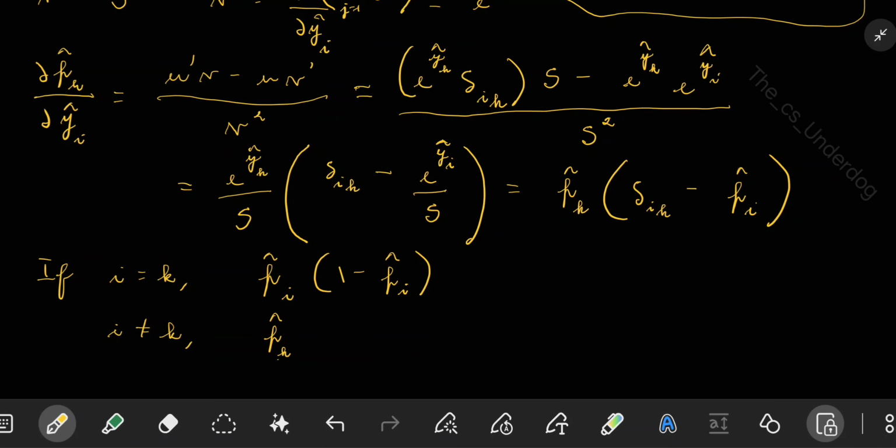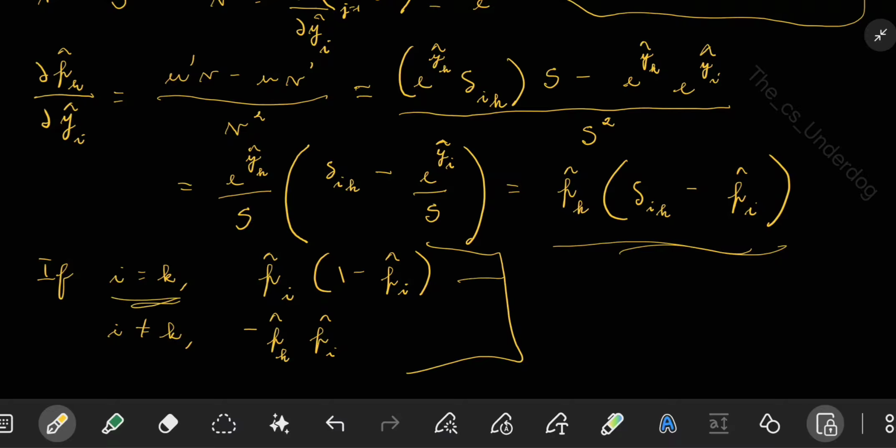So I can write this as minus pk cap into pi cap. So this is pk cap. Okay. So either you can write it this way, pk cap into del ik minus pi cap, or you can write it this way. By splitting it into two cases, you can say if i is equal to k, then this is the way. If i is not equal to k, then this is the way.